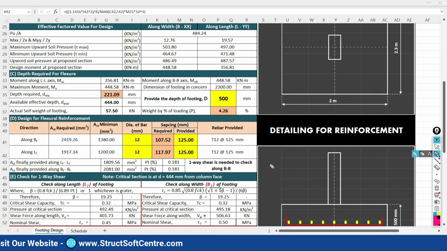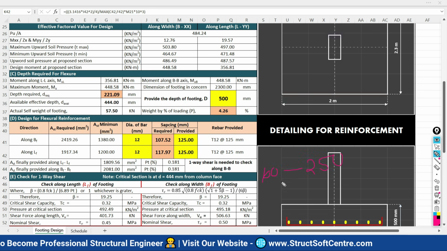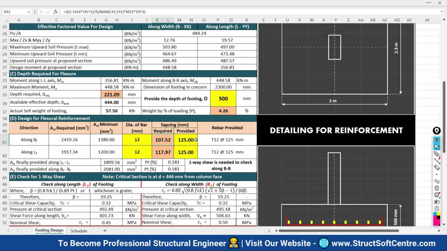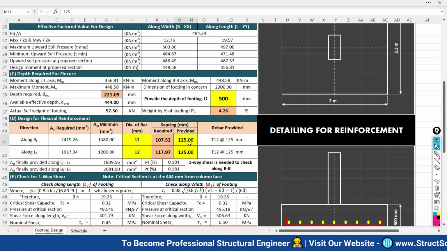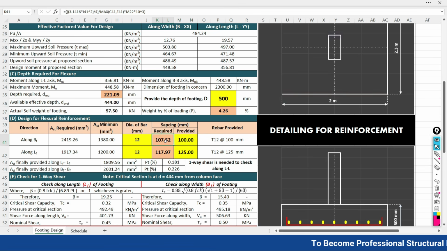So the spacing we are providing is in between 100 to 250. So basically, here I have a chance to reduce the spacing to 100, because whatever the spacing is in demand, you cannot provide spacing more than that. Always you have to provide spacing less than that.